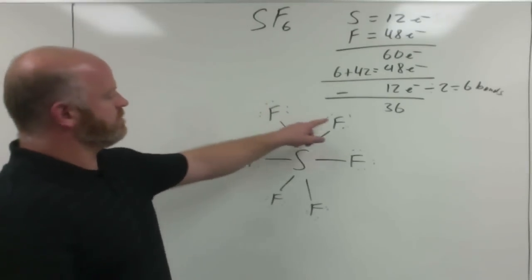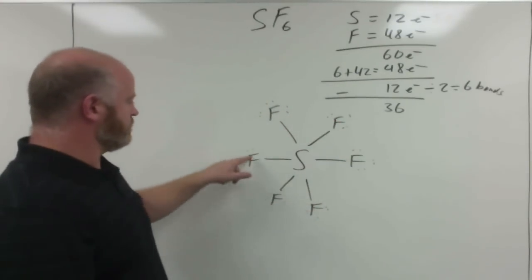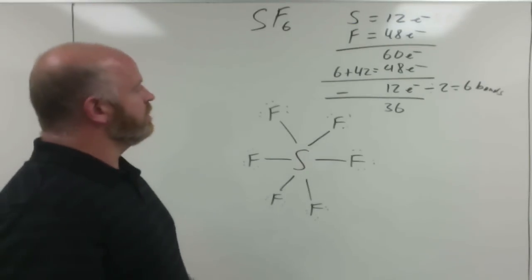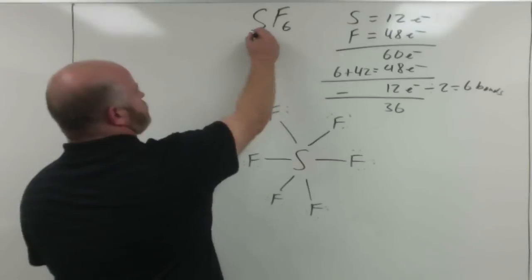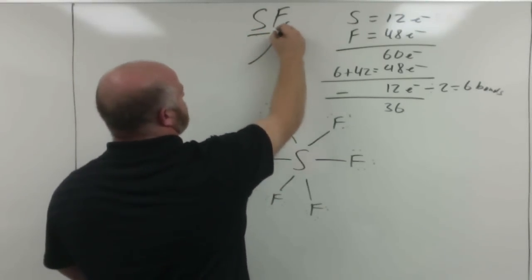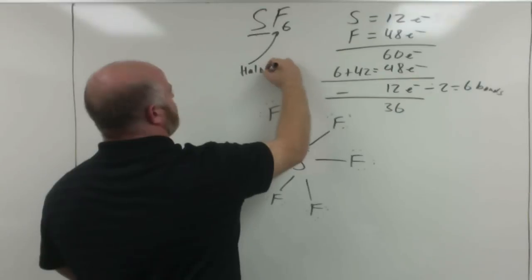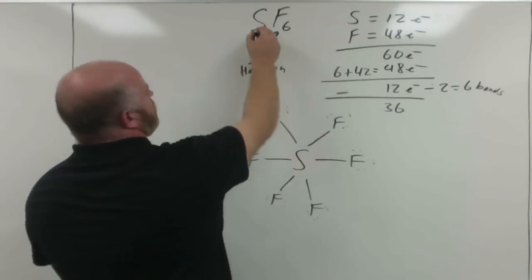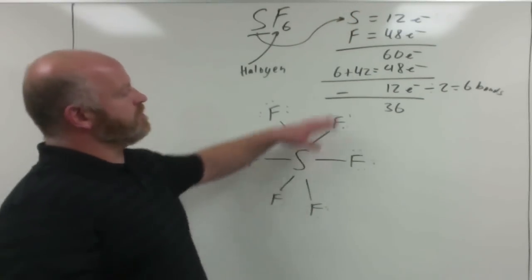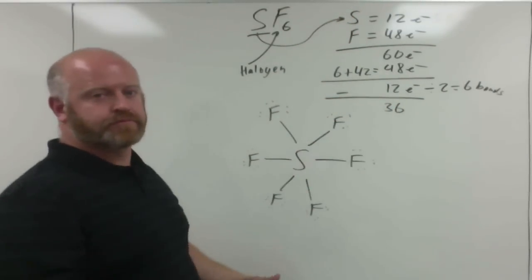Or we get 6, 6, 6, 6, 6, and 6. Or 36 electrons that are unshared electrons. Okay? So for sulfur, if you're going to use the math method, you have to realize with a halogen, it's going to go up to 12 electrons, which is going to change your math a little bit.